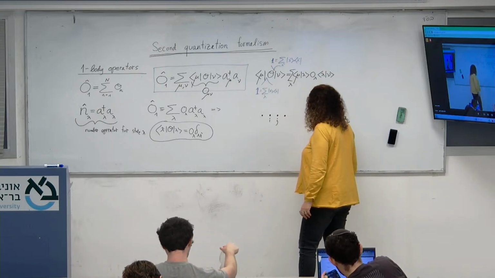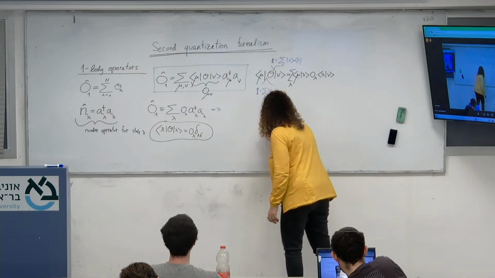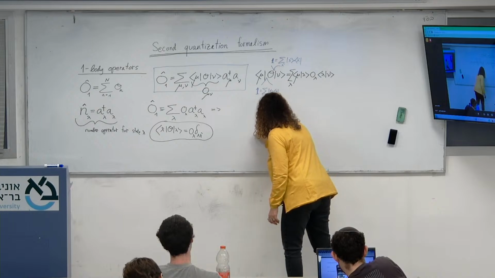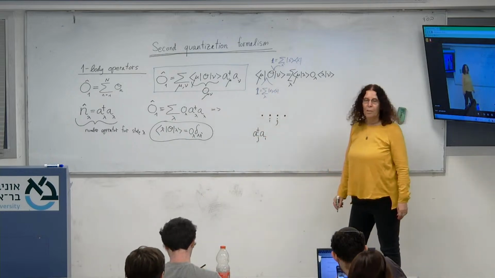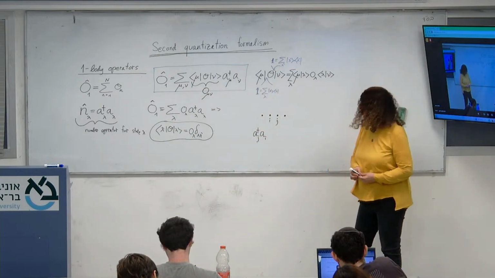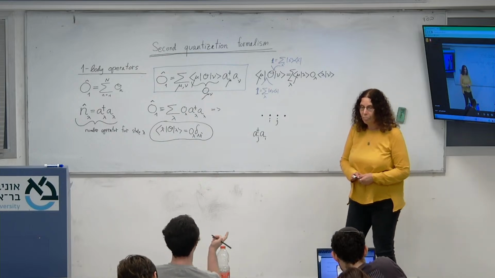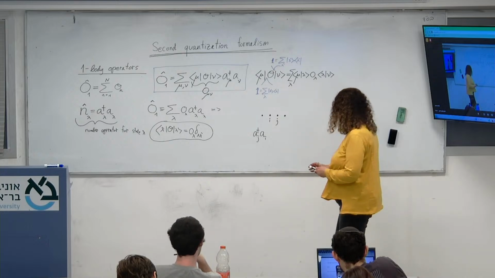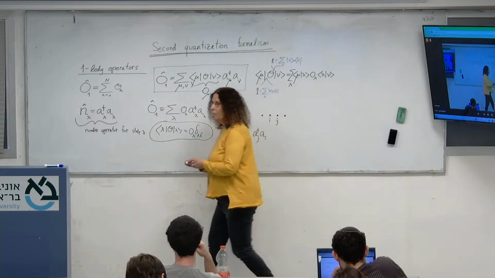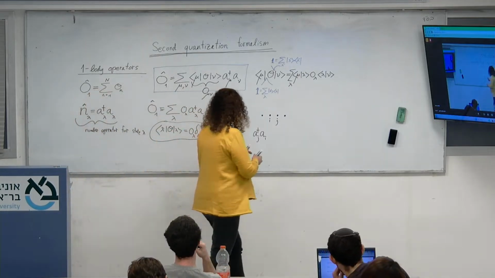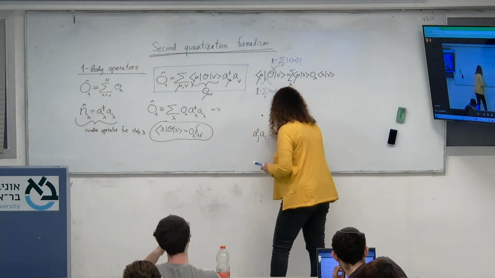I can write an operator of the form a_I^dagger a_J. What does it describe? Only a particle moving from J to I. Exactly. This is what we call hopping. This is a hopping operator.